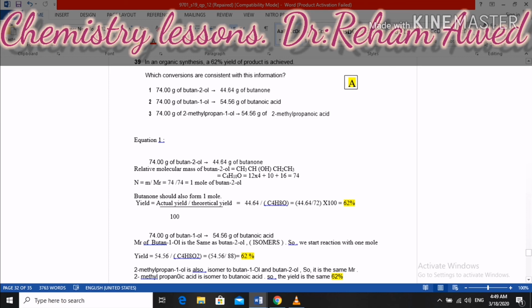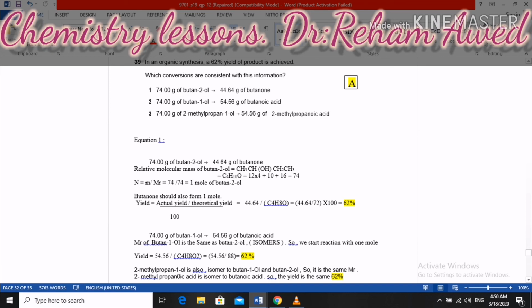At first, we have many isomers, like butan-2-ol, butan-1-ol, 2-methylpropanol. All of these are isomers. Butanoic acid and 2-methylpropanoic acid are isomers.